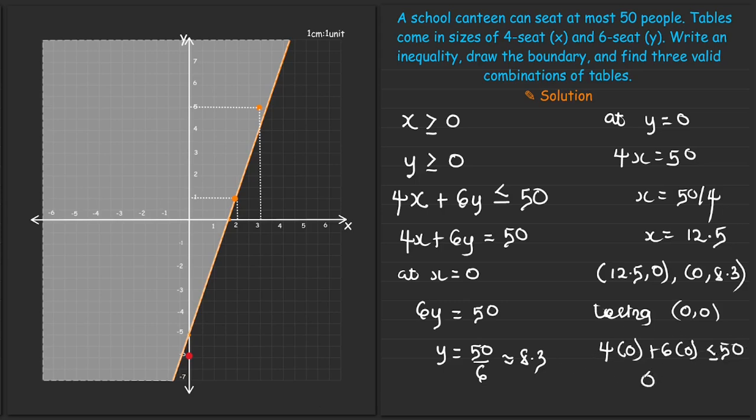All these gives us 0. So 0 is less than or equal to 50. That is true. So this simply means where we have the origin, after drawing our boundary line, the region that has the origin is what satisfies our inequality, or it is representing the feasible region.